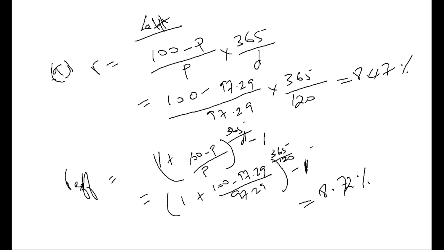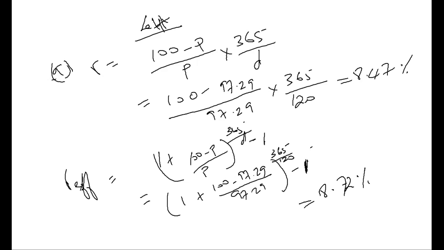I'm just trying to give you a formula so you can see it. Can you see my screen? Yeah. Right. So I'm giving you the formula for question 9, which is the same one anyway, but just have it here in front of you. It will be 100 minus P over P, multiplied by 365 over D, which represents the number of days.